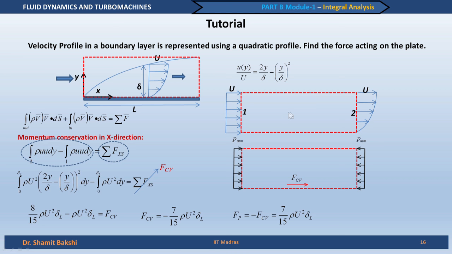So, as the fluid decelerates, it exits at a lower momentum, and this momentum deficit, that means the difference between the incoming liquid momentum and the outgoing liquid momentum, is transmitted as a force to the plate.